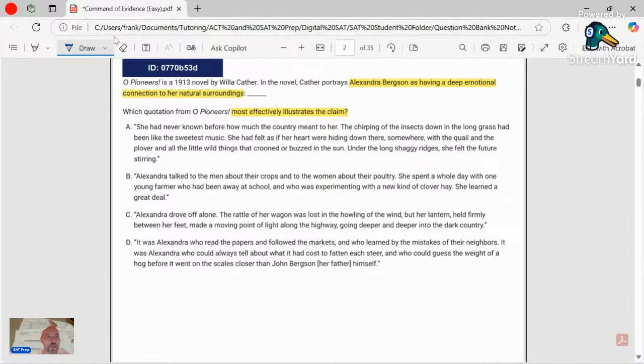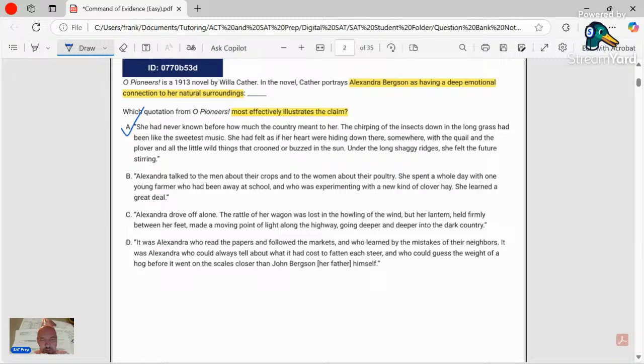Okay, so let me look at the answer choices. She had never known before how much the country meant to her. The chirping of the insects down the long grass had been like sweet music. She had felt... there's emotional, she feels something. So I think this one is good. She feels. A looks good to me.